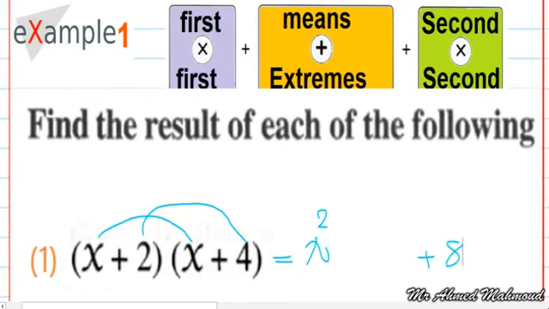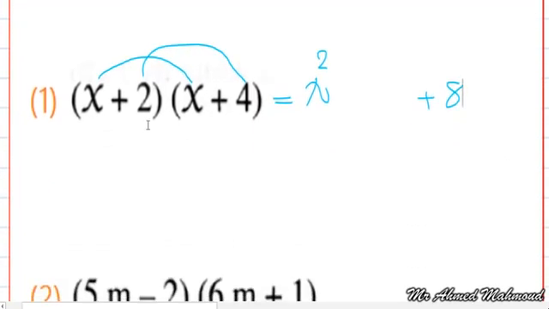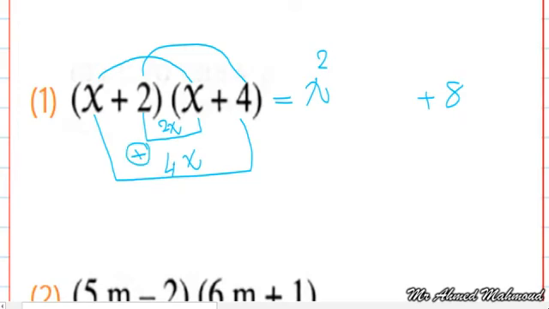At the middle, I'm going to multiply the means, 2 times x, which is 2x, and the extremes, x times 4, which is 4x, and then add them. 2x plus 4x equal positive 6x. I think it's very easy. Okay, you just follow the rule.